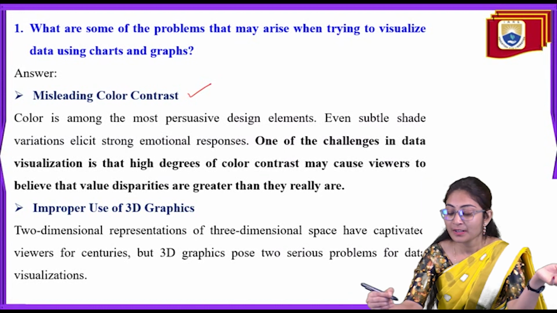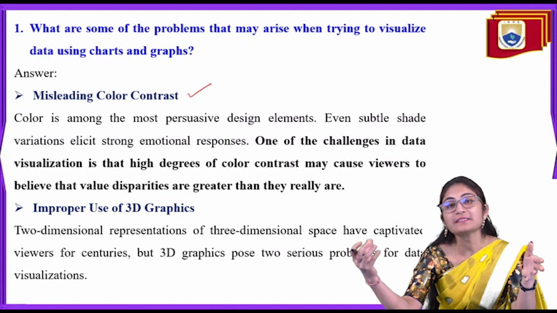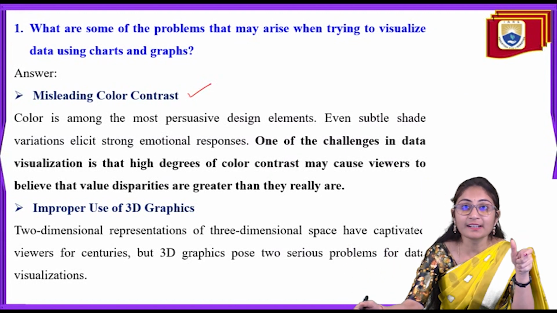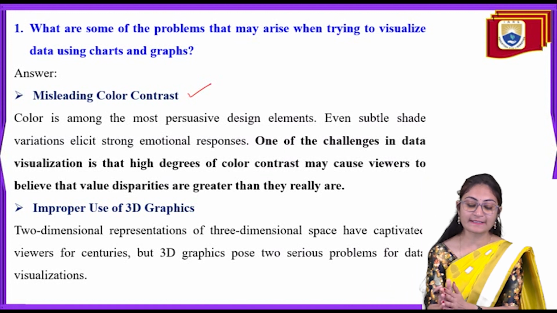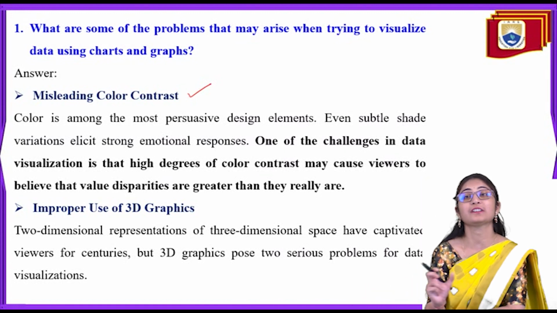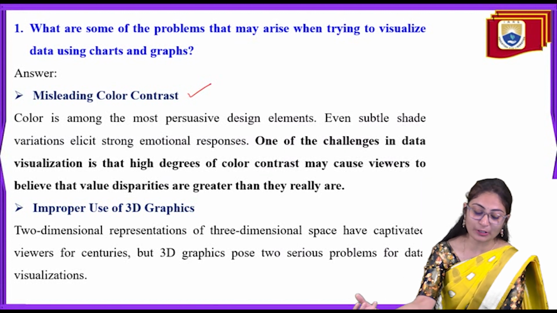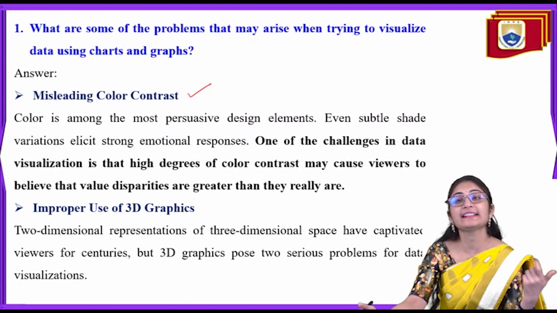For example, different states are shown in different colors, so color matters a lot. One of the challenges in data visualization is high degrees of color contrast, which can cause viewers to believe that value disparities are greater than they really are.